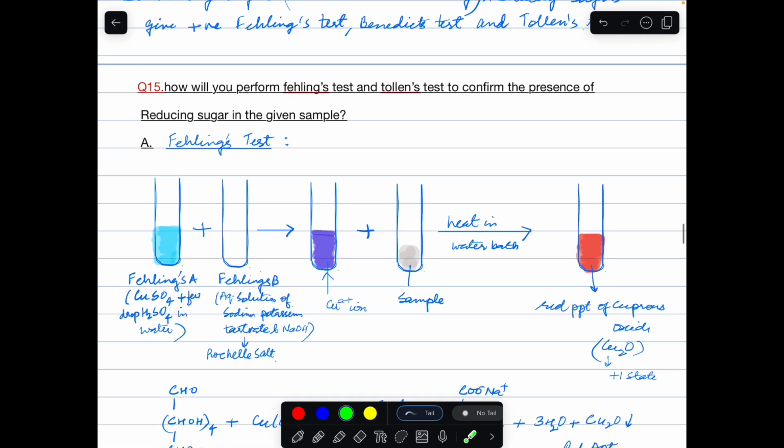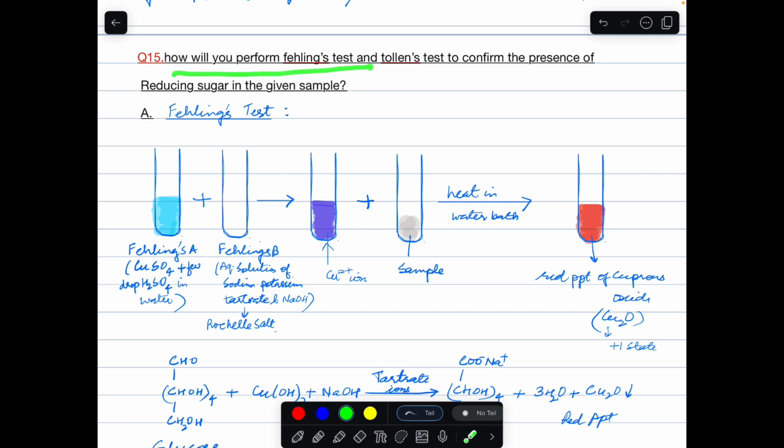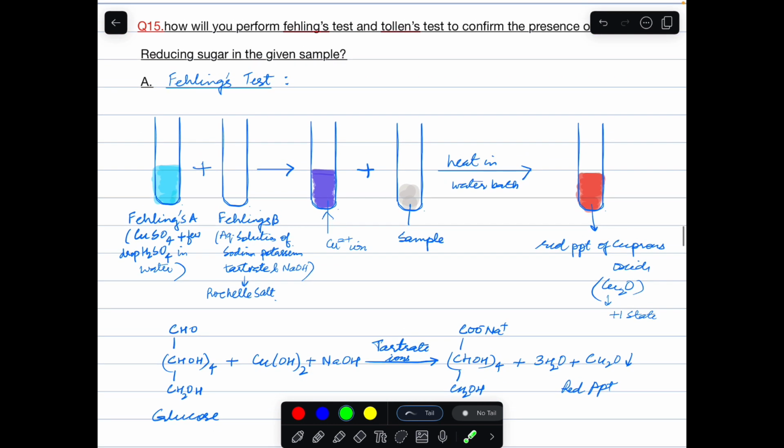Next question. How will you confirm the presence of reducing sugar in the given sample using the Fehling test and Tollens' test? It is the continuation of the previous question. So how will you do the Fehling test? In your lab, you must have got Fehling solution A and Fehling solution B. Fehling's reagent is not a single bottle; it is there in your lab in the form of two bottles.